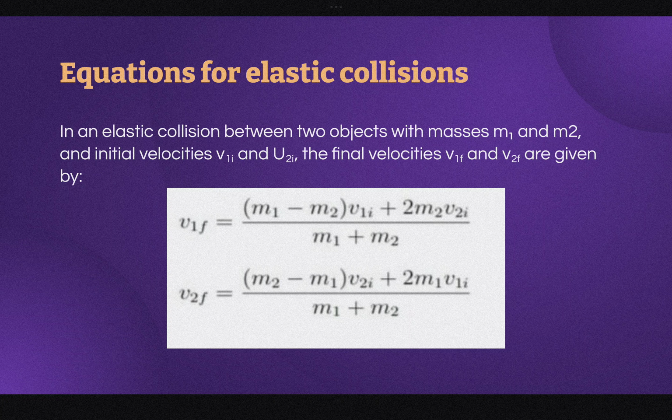Here m1 and m2 are the masses of the two objects, and v1i and v2i are the initial velocities, whereas v1f and v2f are the final velocities.